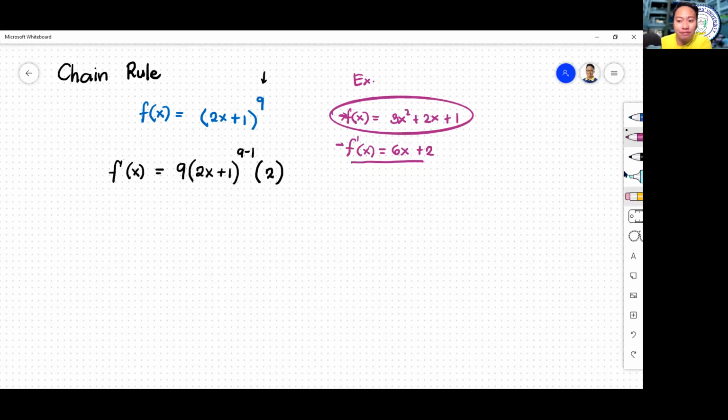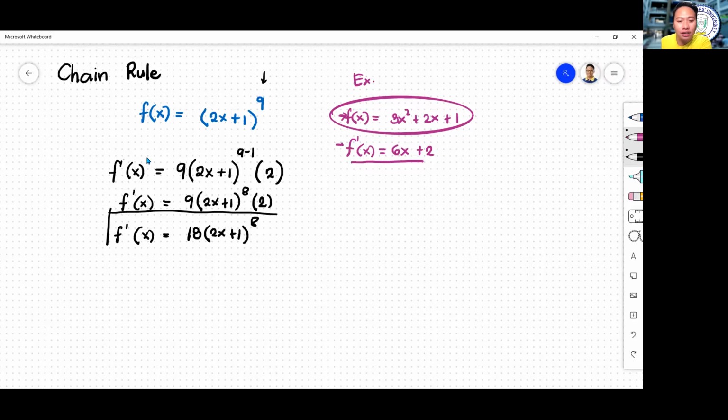So we would get f prime of x equals 9 times 2x plus 1 raised to the power of 8 times 2. And finally, multiplying 9 and 2, we would get 18 times 2x plus 1 raised to the power of 8. And you're done with your answer.